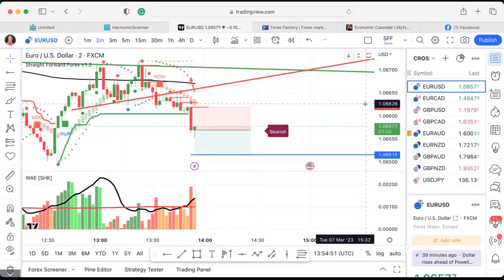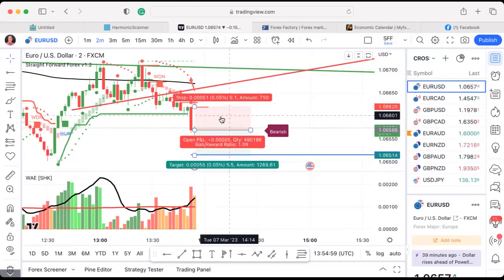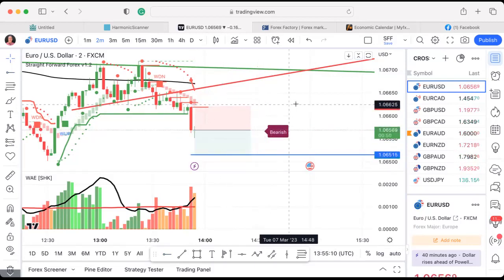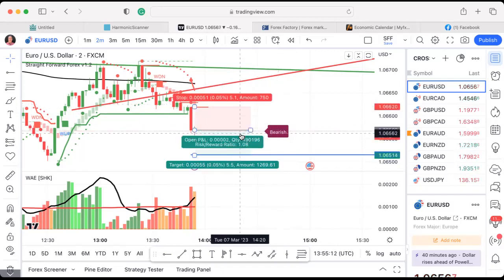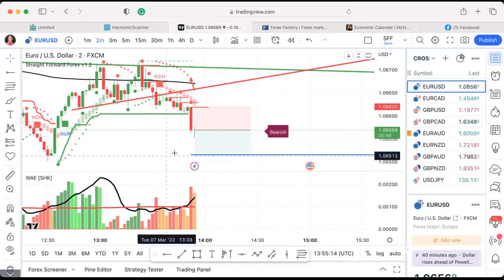That's why I need to know my stop losses and my lot sizes off by heart. I've got a 5 pip stop loss, Euro US. I've got a lot size of 2.5. And I'm expecting this price to come down here.